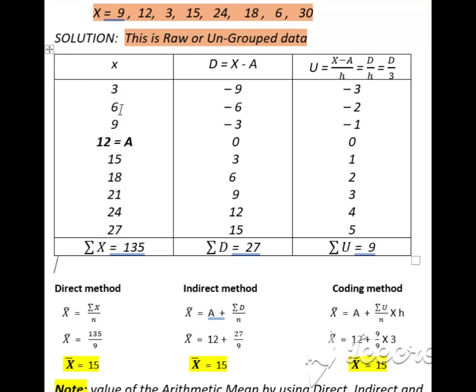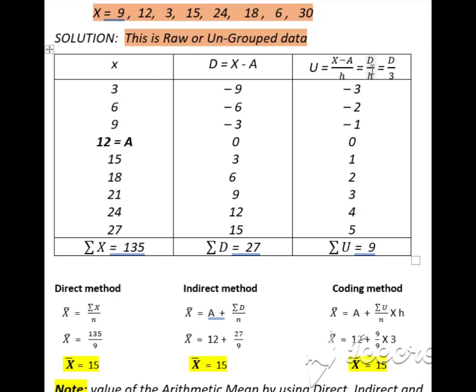H is the common difference between these X numbers, which is 3, because this is a table of 3. 3 times 1 is 3, 3 times 2 is 6, 3 times 3 is 9, and so on. So H is 3. Now D's are these numbers, so these numbers divided by 3.